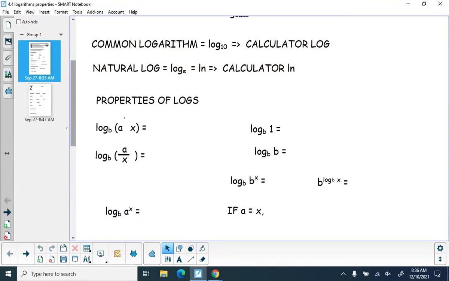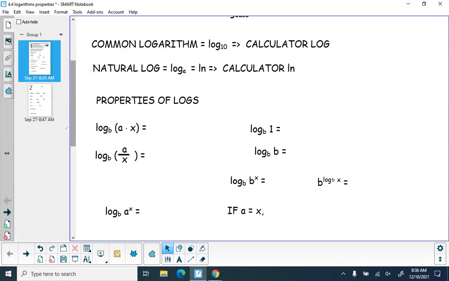Now, properties of logarithms. When I have log base b of two things being multiplied together, think about it: logarithms are exponents. If we have like bases and we're multiplying together, what do we have to do with the exponents?